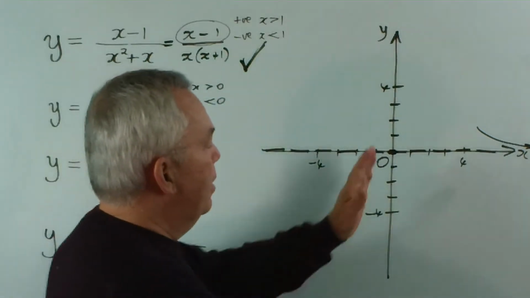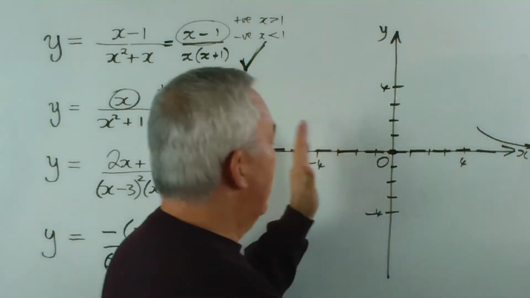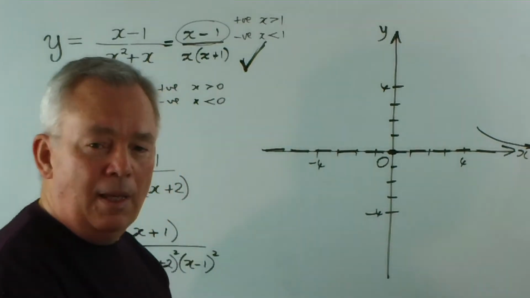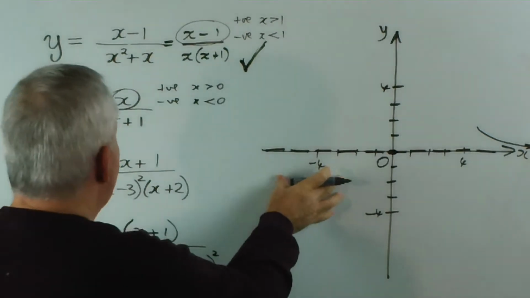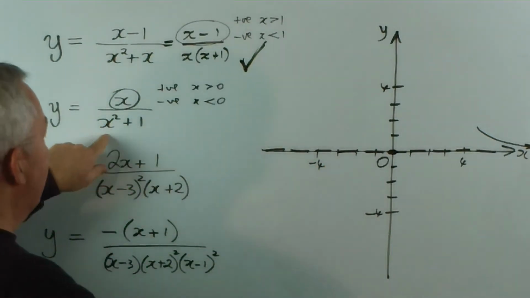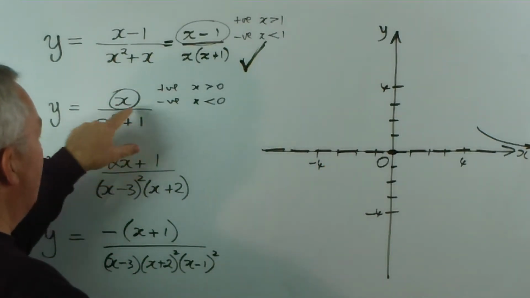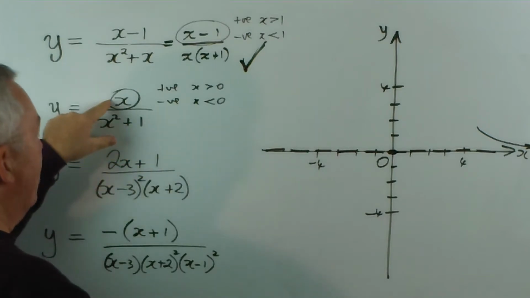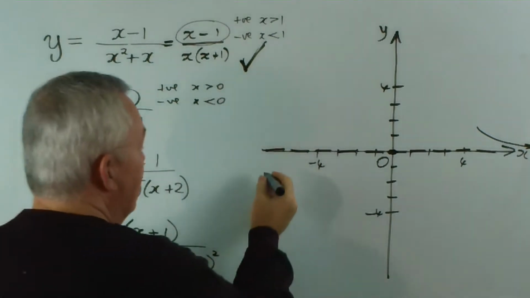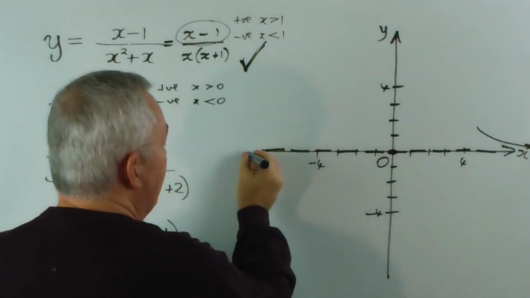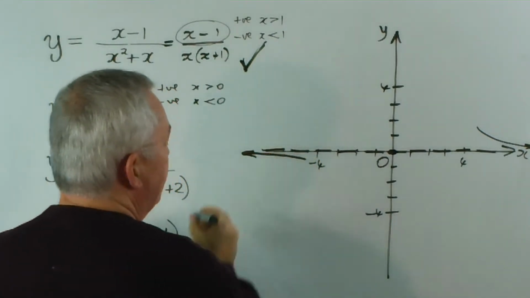So obviously, how the graph behaves here and how it behaves on this side are different. How does it behave on this side? Well, when x is negative, x squared plus 1 will still be positive, but now x is negative, so a negative over a positive is a negative. It will still come towards the asymptote, but from the negative side.